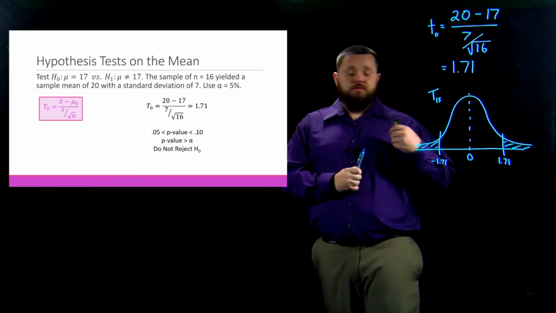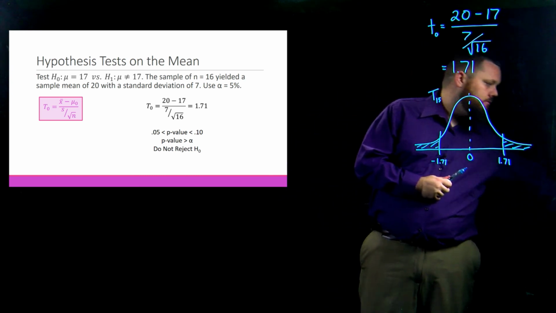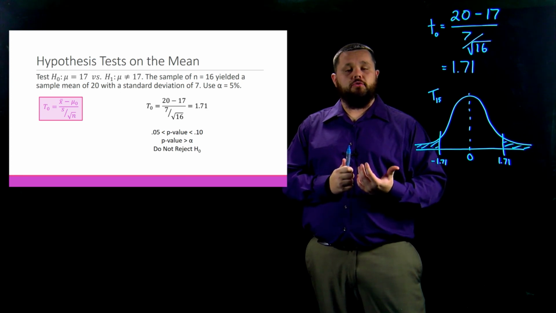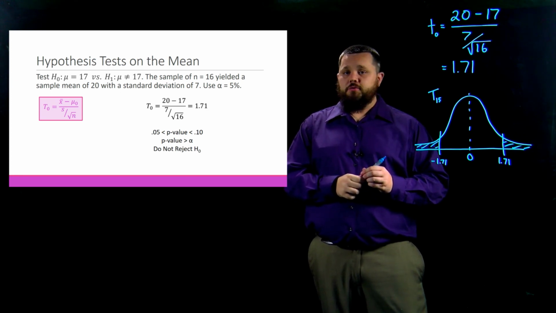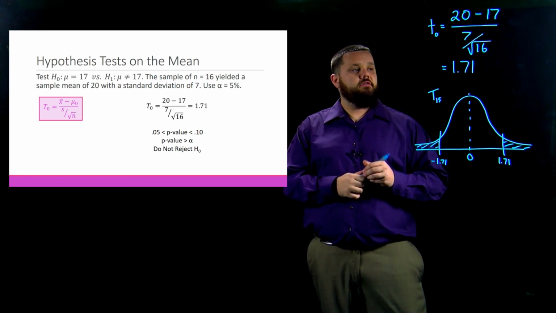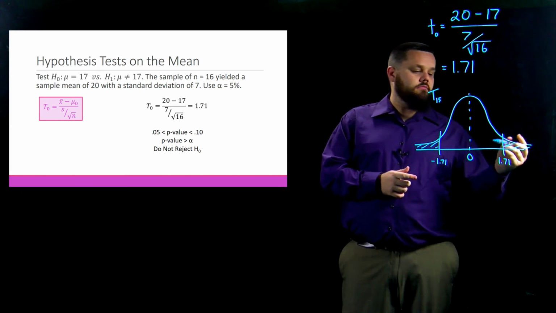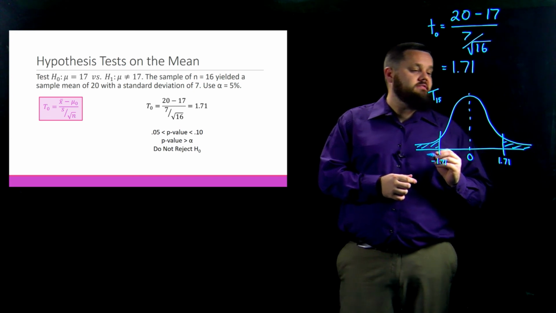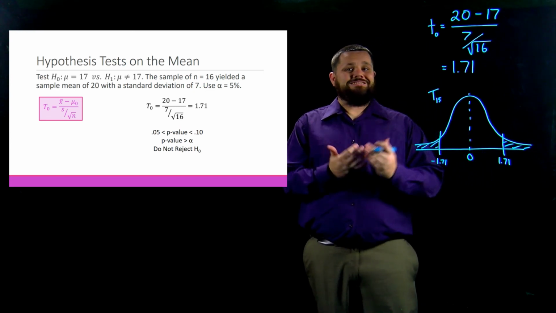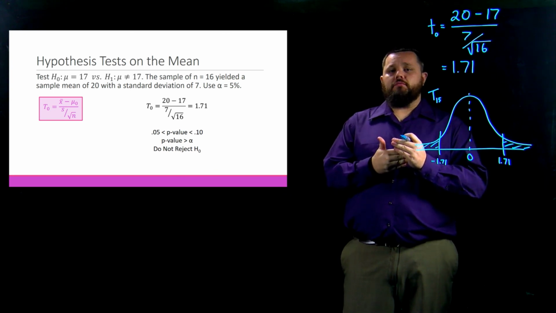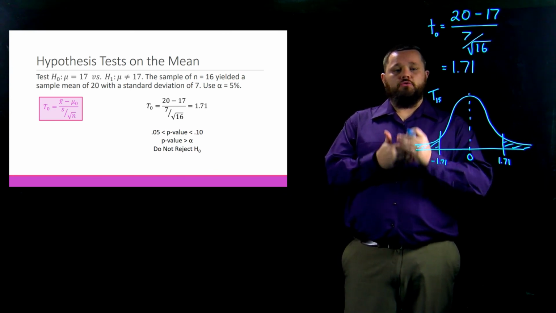If we go through and look up 1.71 in our table, so if you go to your t distribution table with 15 degrees of freedom, you'll see that the area to the right of 1.71 is something between 0.05 and 0.025.